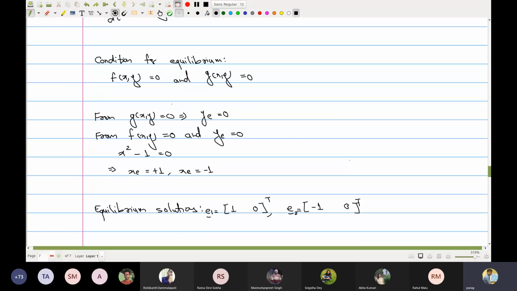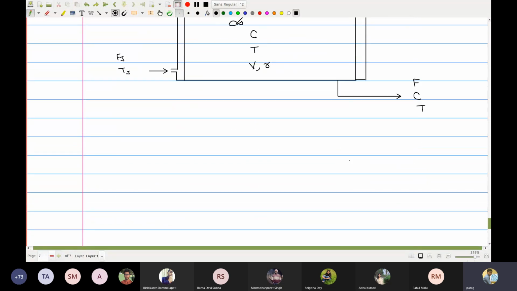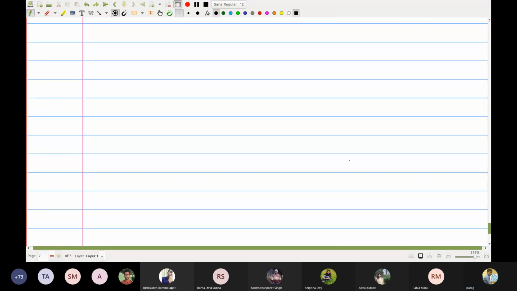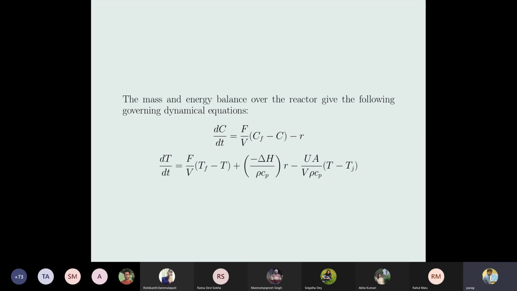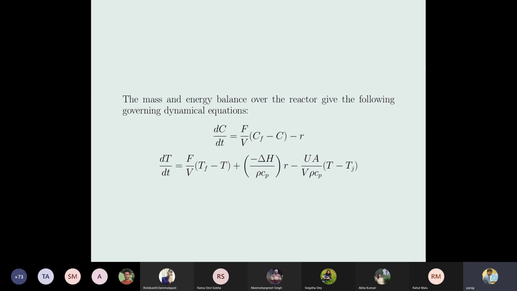You will determine the equilibrium or steady state solution by determining the null space. So let's see how the equation looks. dc by dt is equal to f by v (c minus c feed) minus r. Is that the case? Yes, fine.